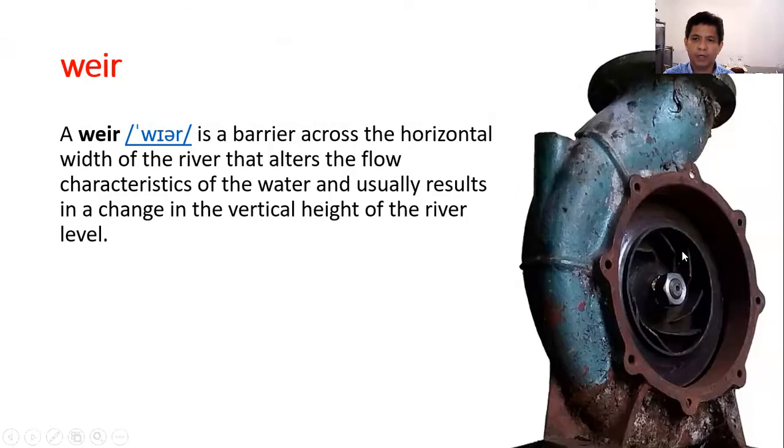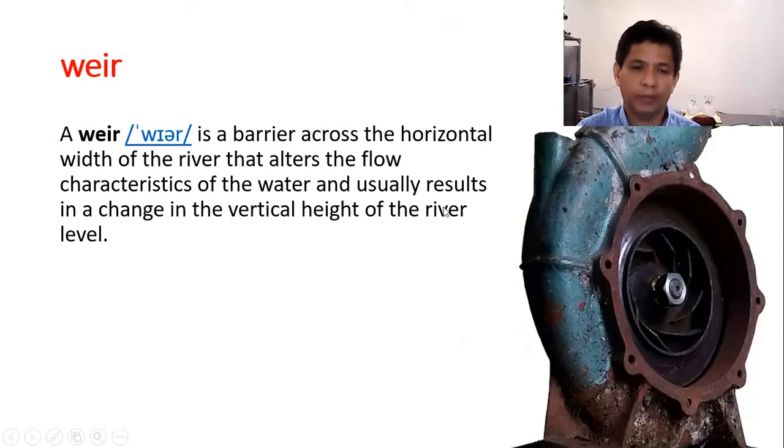As I've said, you can also use a weir to measure the volumetric flow rate. There are empirical equations that relate the dimensions of a weir to the volumetric flow rate of a particular liquid flowing either in a pipe or in a canal.